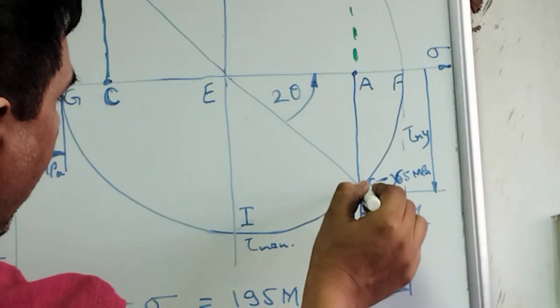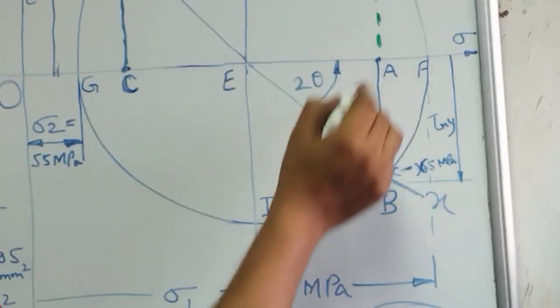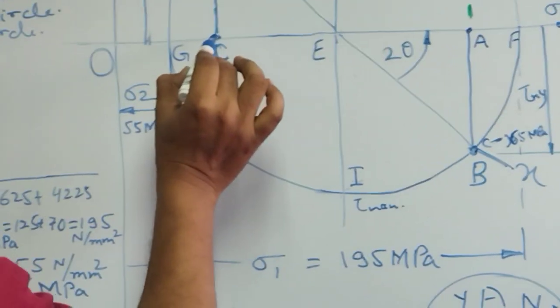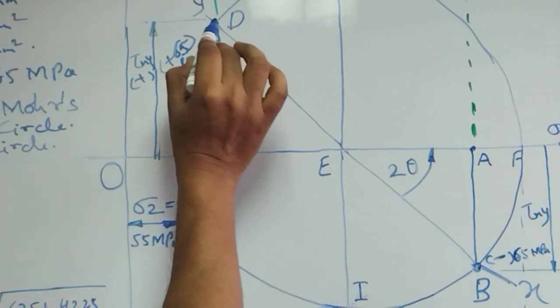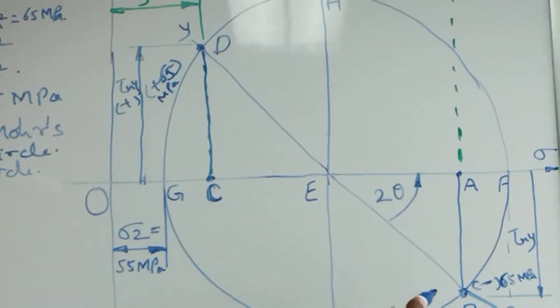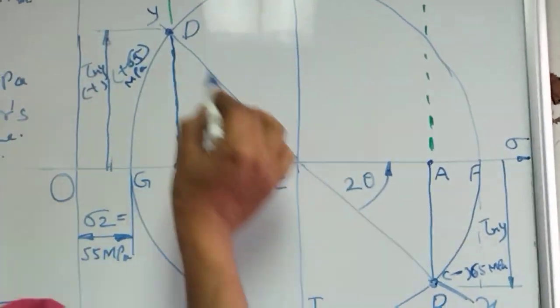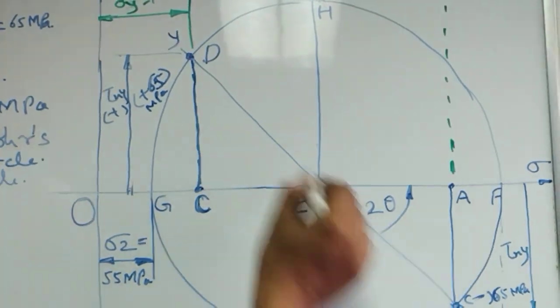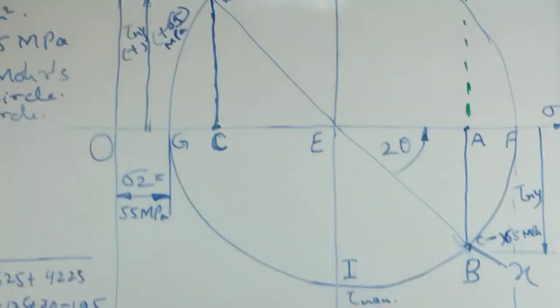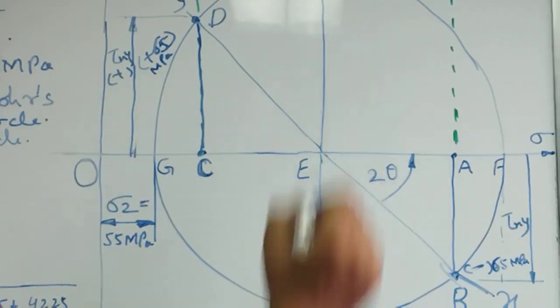Then we get point B. From A downward is B, and from C upward is D. Then we join the two points B and D and make a straight line BD, which is the diameter of the Mohr circle.